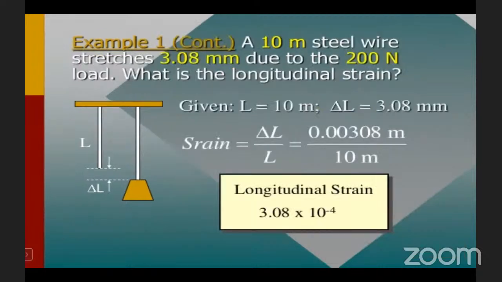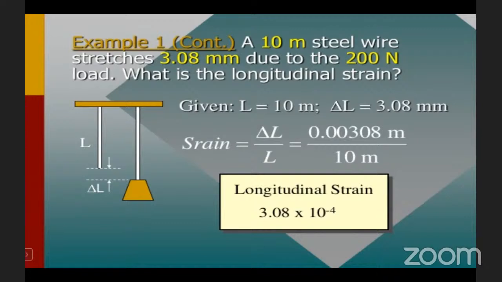Now see here, another example. A 10 meter steel wire stretches 3.08 millimeters due to the 200 newton load. What is the longitudinal strain? In the previous question we found the stress, force per area. Now in this problem we find the strain.